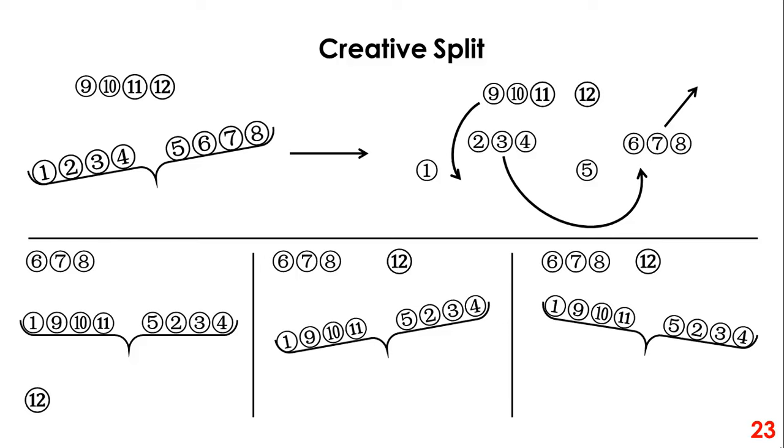So let's solve each case. In the first one, F is in the group 6, 7, 8. That's obvious. If we look at the original uneven state, the group 6, 7, 8 is at the lighter side.